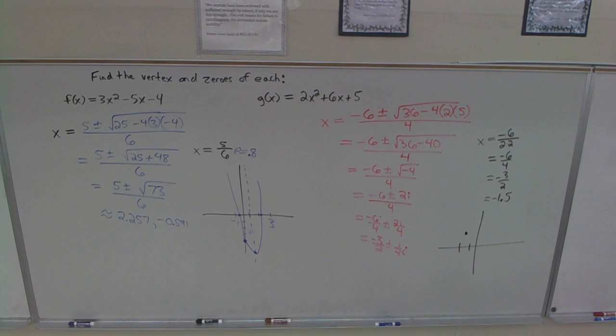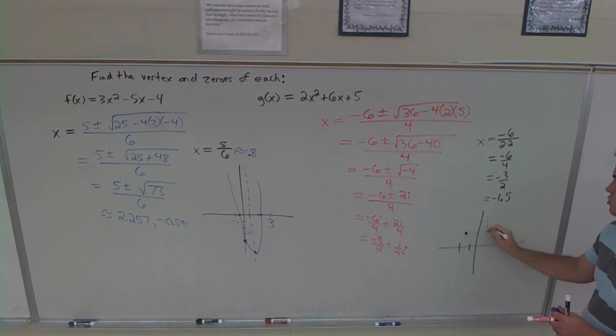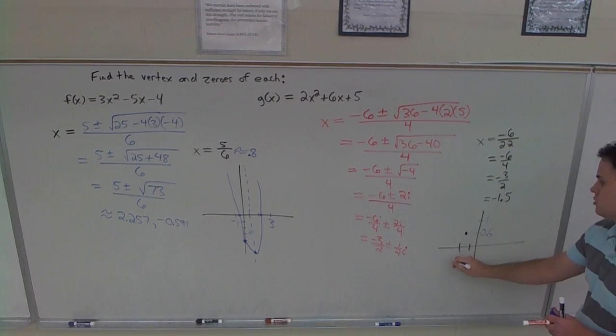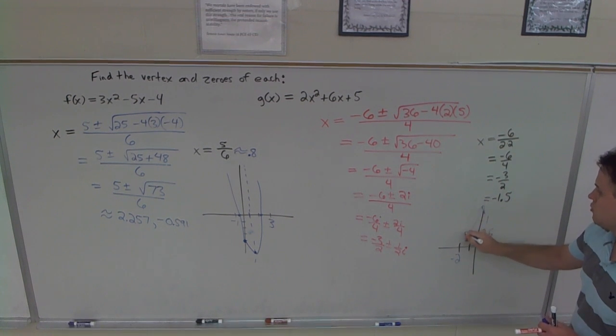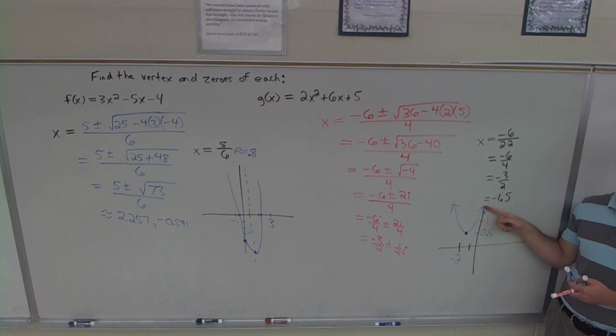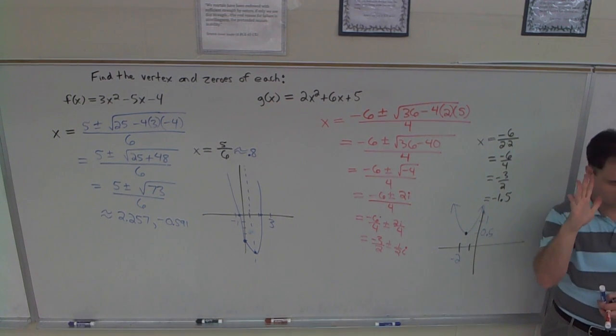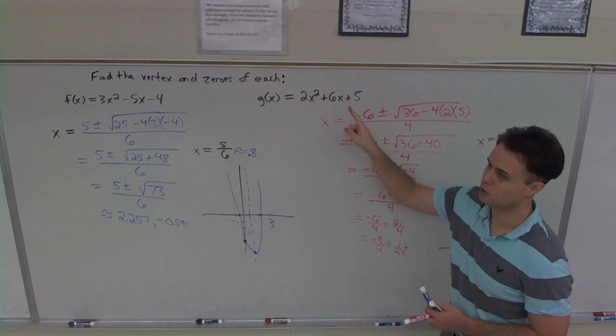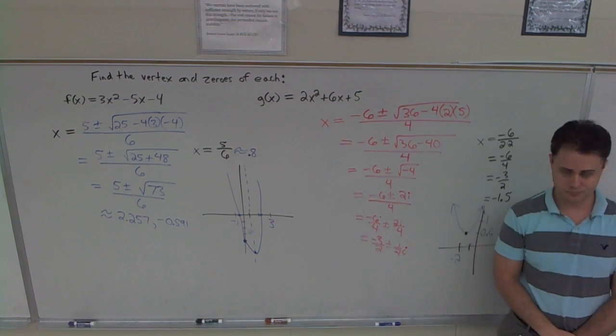There we go. I got 0.5, so that's what I got. If this is 1 and that's 0.5 and this is -2, there's the parabola. Y-intercept should be, where should this actually cross? Where's the y-intercept? 5, yes. So we're bringing this stuff all together.